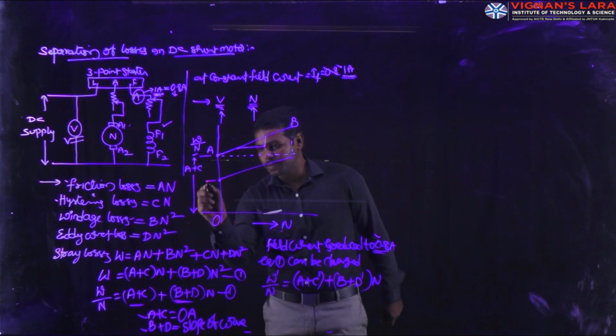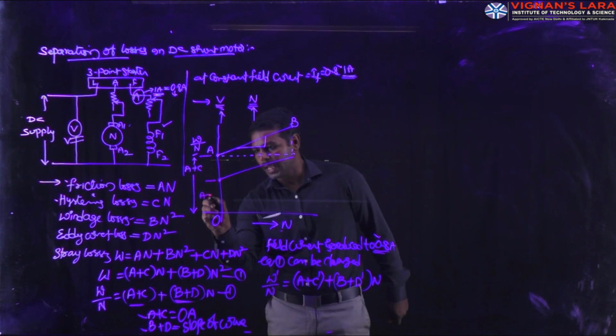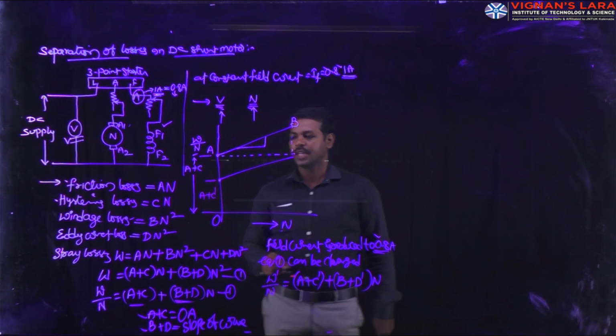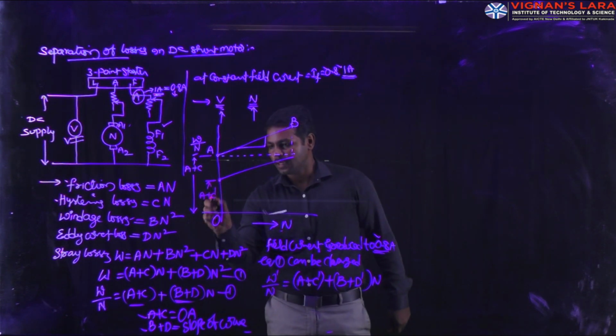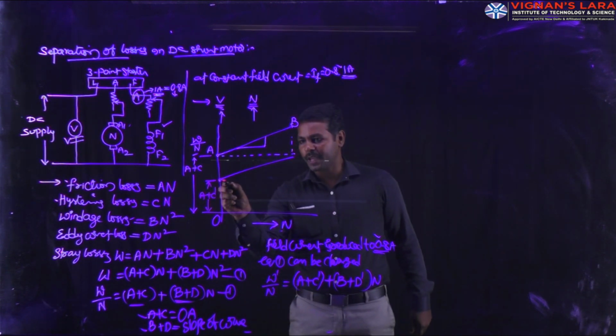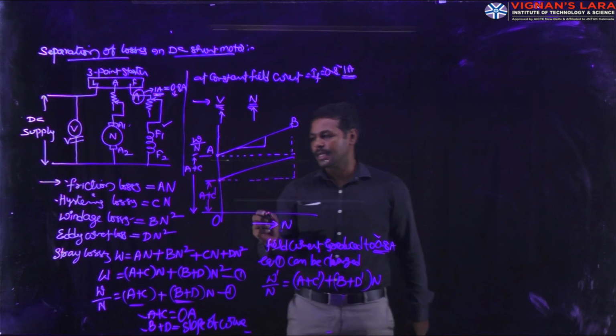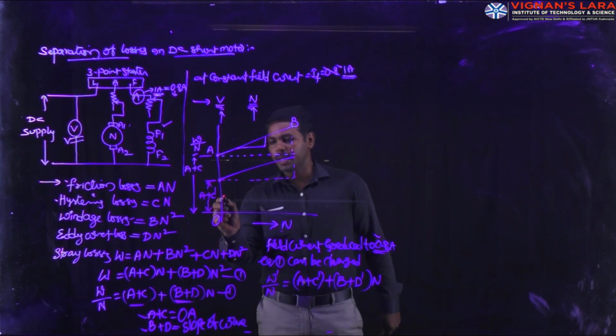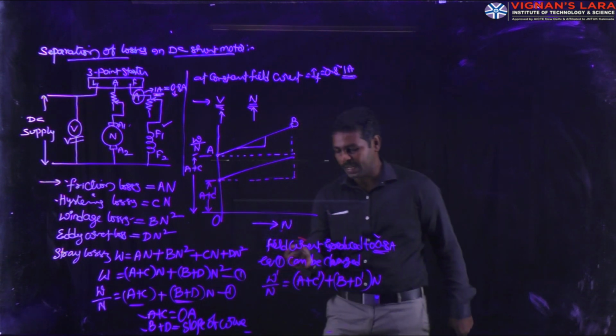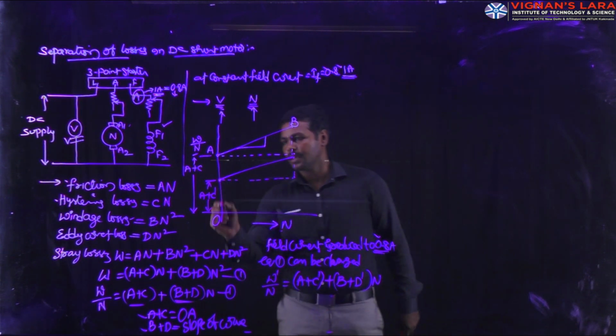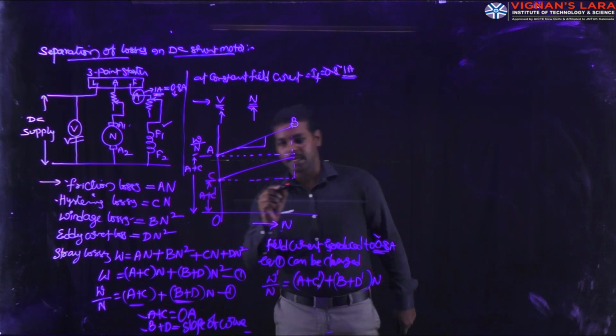So the distance between these two is equal to A plus C dash. Another one is the slope of the given characteristics, which is equal to B plus D dash.